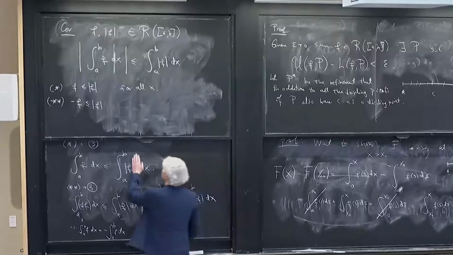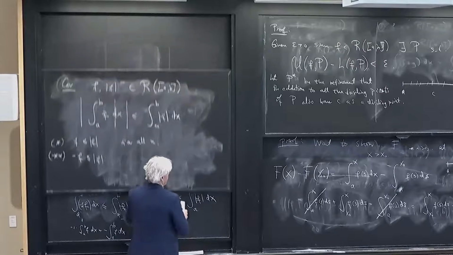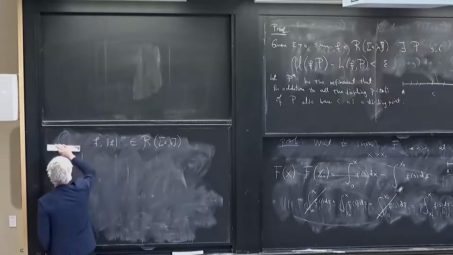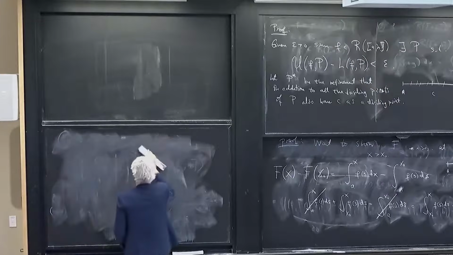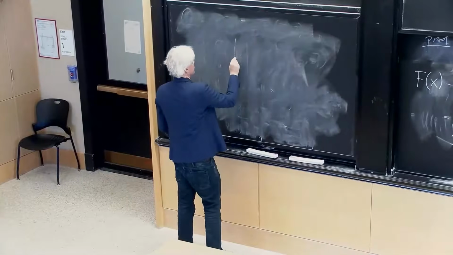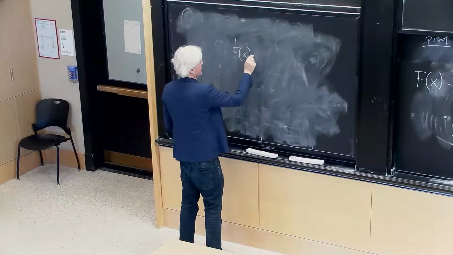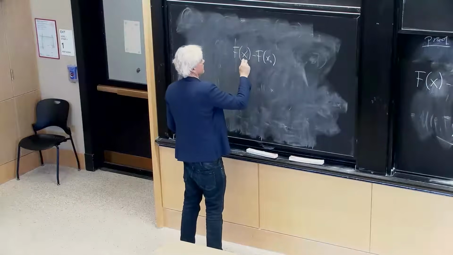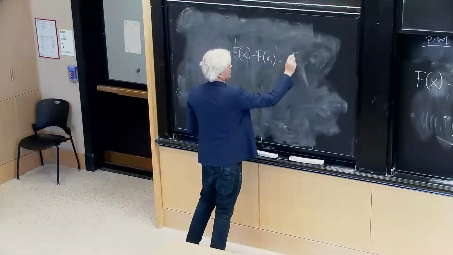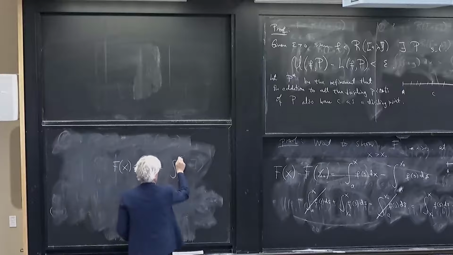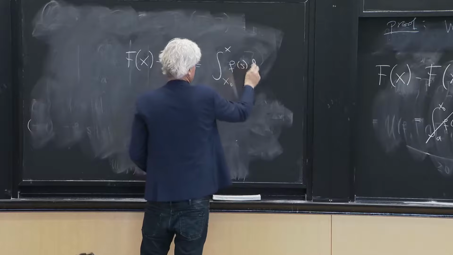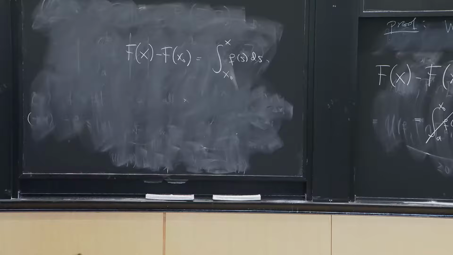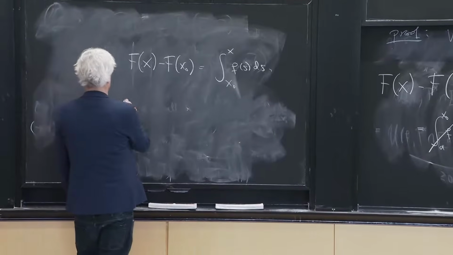So what we have is that this difference here, F of x minus F of x0, is equal to this integral here. Now, let me use this to bound this thing here from above and bound it from below.